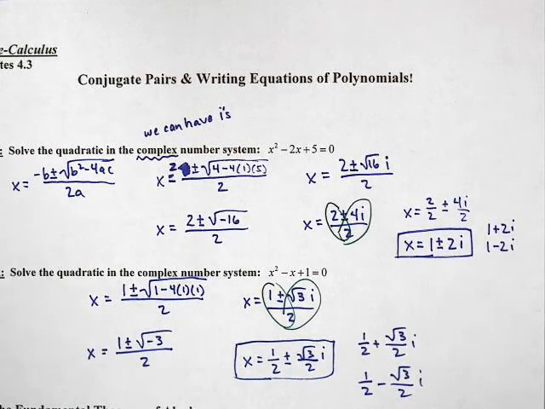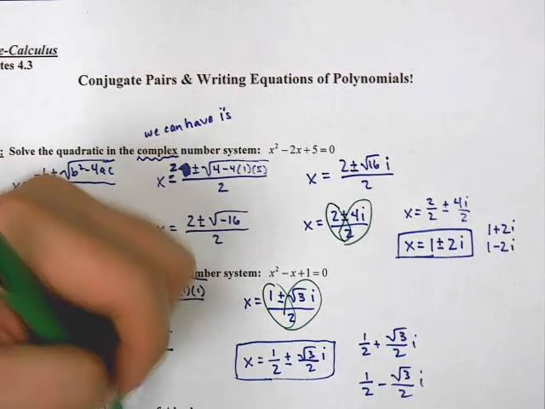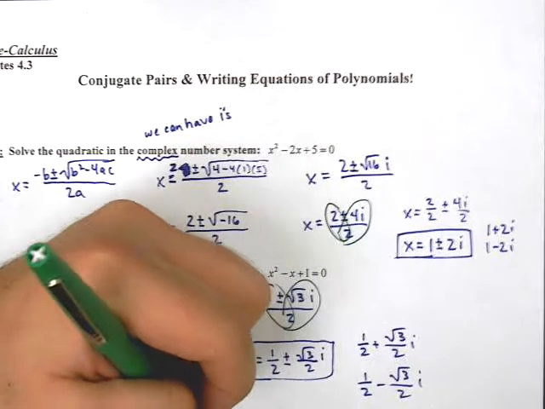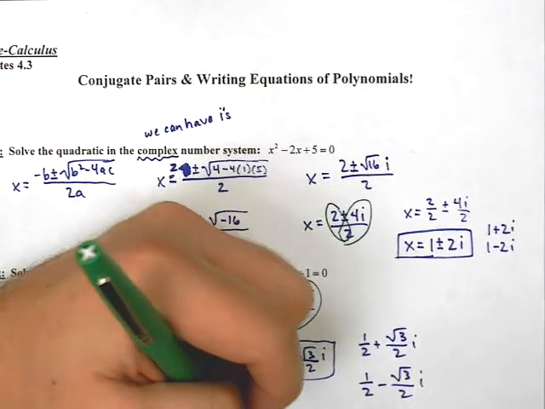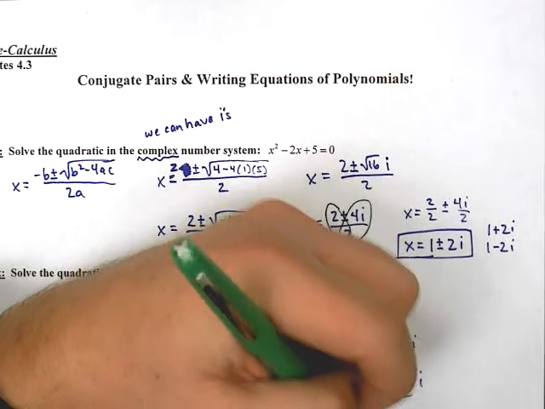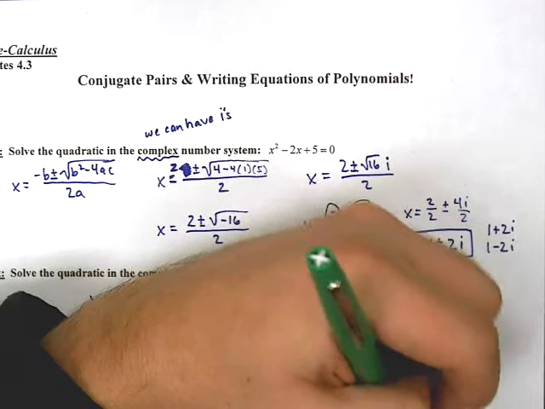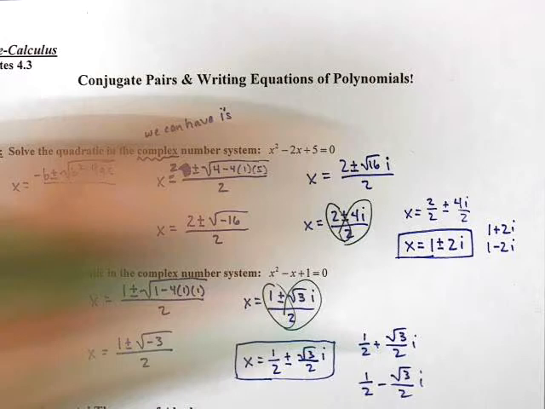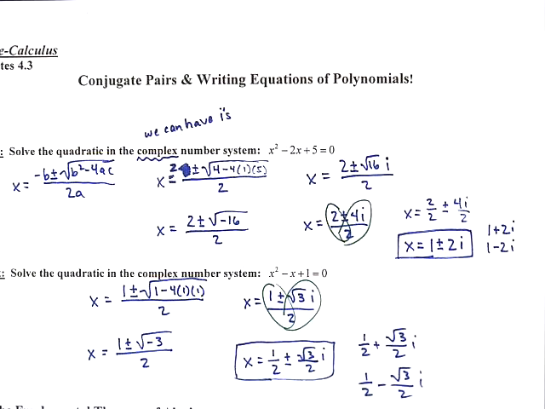What we are going to say is no matter what now, every polynomial of degree n has exactly n complex solutions. Exactly n complex solutions.